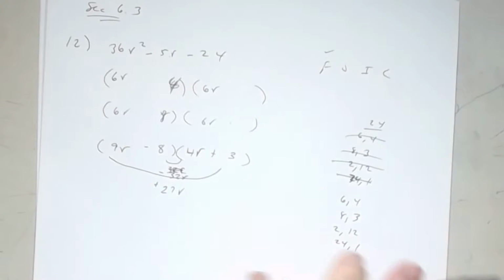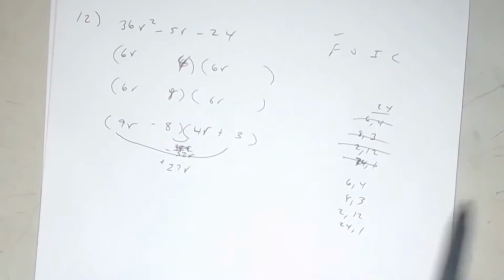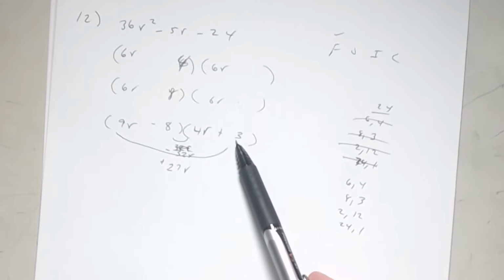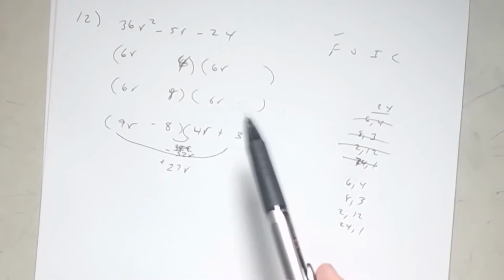Circle that bad boy. Now, again, you need to be strategic. So what we talked about, the 8 and 3, you're going to ask yourself, can I put the 8 here? Basically, if you could factor it out, it would be a no-go, because if we could have factored it out, we would have just done that to begin with. All right, now you always have to check your work though.